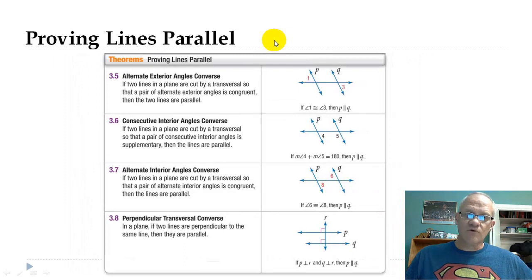As you can imagine, there's a few other ones as well, all the other ones that we were talking about, and here they're listed right here.